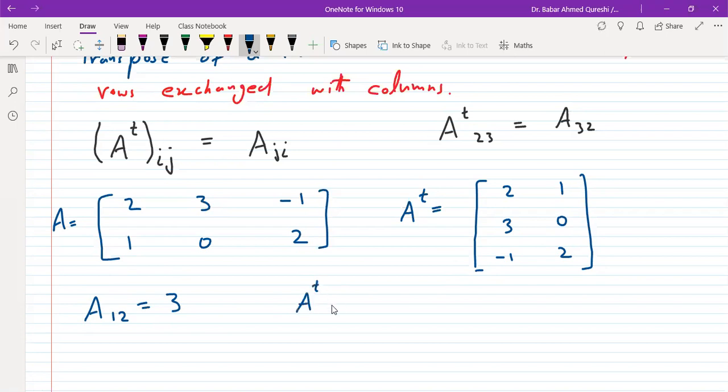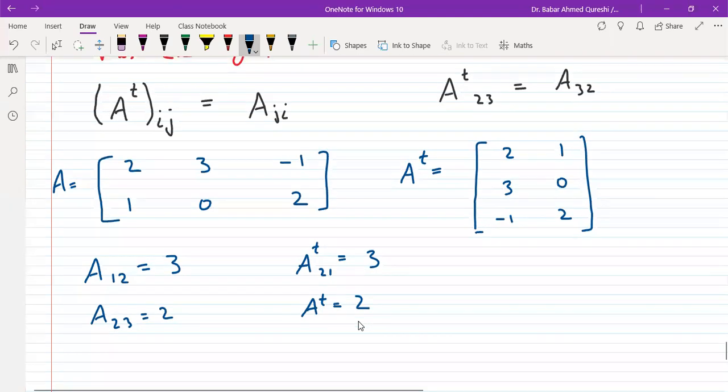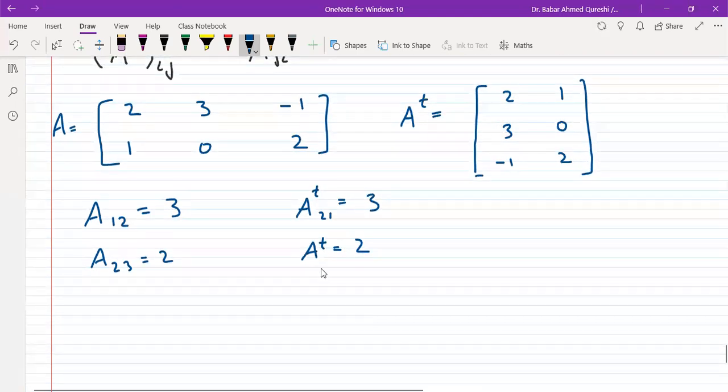But in the transpose, that same number is at second row, first column, because I exchange those two things. Similarly, you can check other things. A 2,3, second row, third column, that was a 2. In the transpose, third row, second column is the 2, and so on.